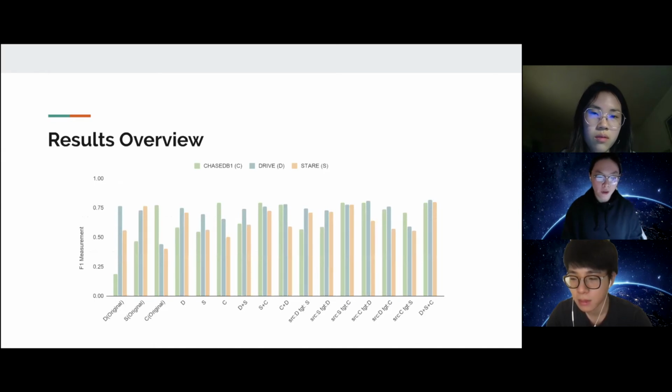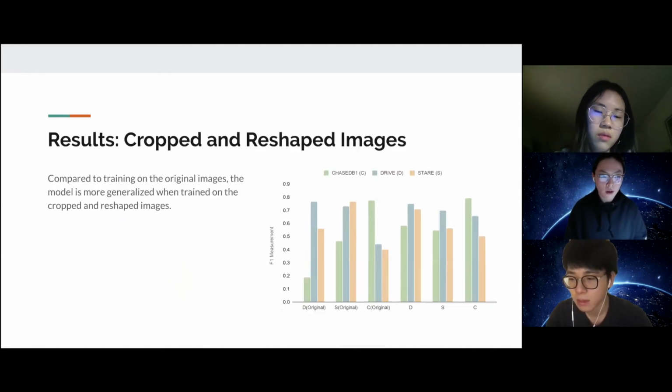Here is an overview of all the experiments we conducted. We will break down the details in the following slides. When trained on the original dataset, the model did particularly well on testing on the same dataset, but it performed much worse on the cross-dataset testing. The cross-dataset testing performances are more balanced for the 3 experiments on the right-hand side.